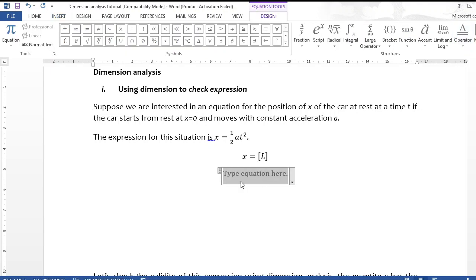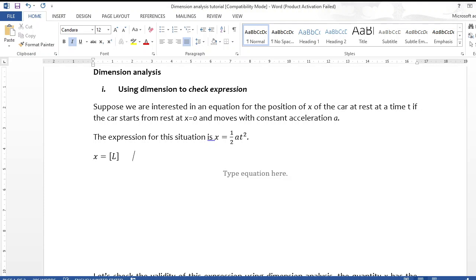Remember that acceleration, by formula, is distance divided by time squared, time to the power 2. Distance over time squared. That's acceleration.